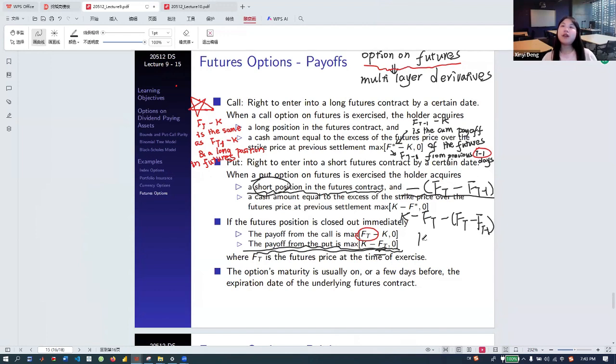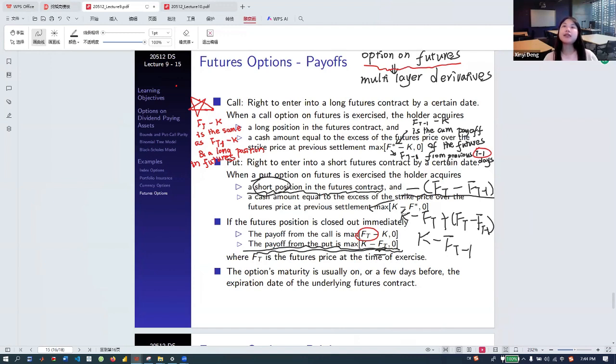So if you do the calculation, here you are subtracting a negative number, and that actually becomes plus. So you are using K minus FT and then plus FT-1, and that's going to be equal to K minus FT-1.